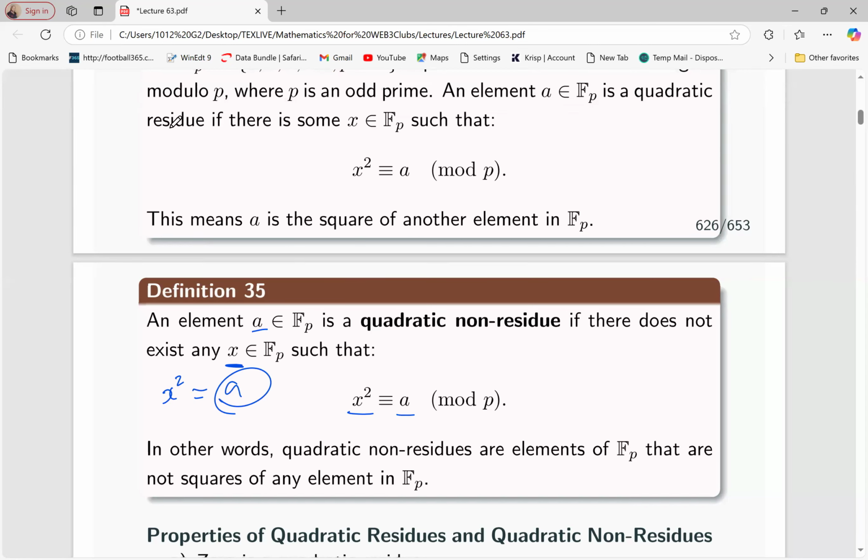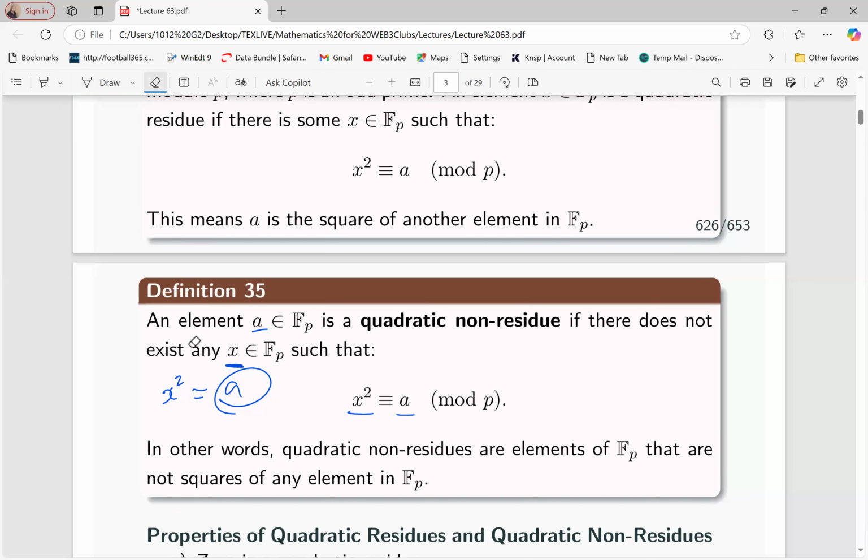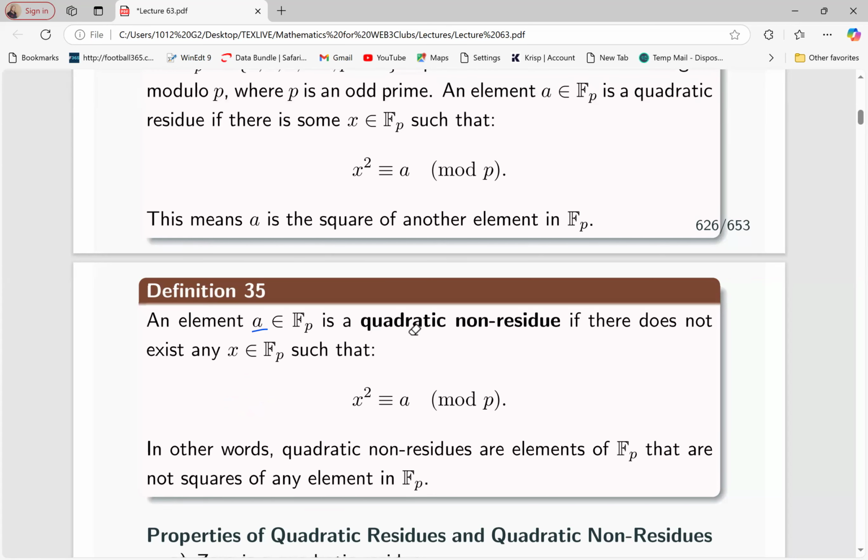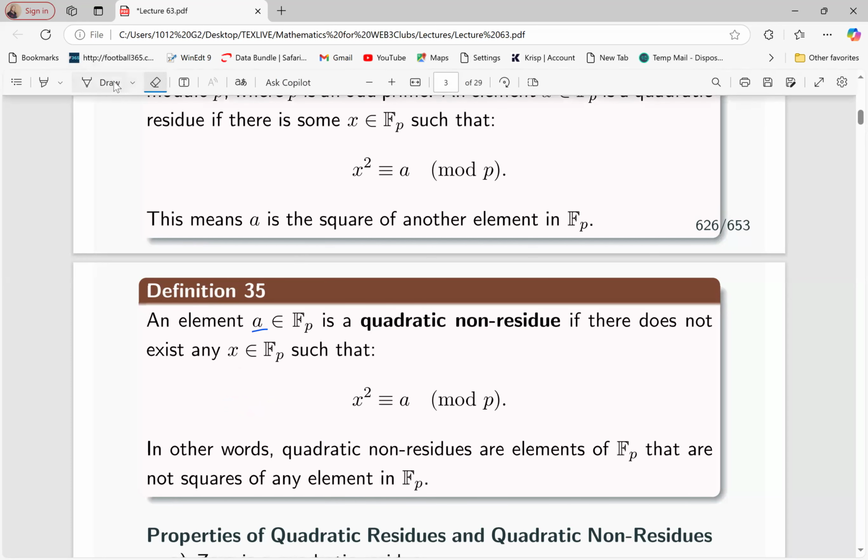In other words, it has no square root. That's what those terms mean. They don't mean anything else. They just mean numbers that have square roots and numbers that do not. Those that have square roots we call quadratic residues, and those that lack square roots we call quadratic non-residues.